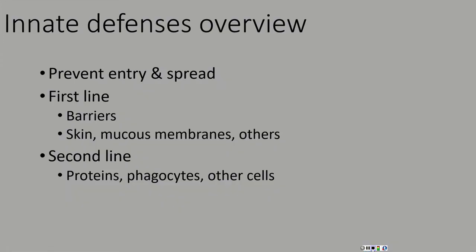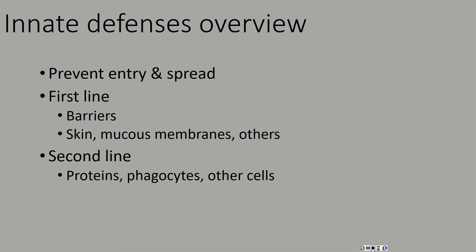Now, diving into innate defenses, the innate side, the non-specific side of our immune system, it's concerned with preventing entry and spread of pathogens. And again, pathogens are just something that could potentially make us sick, do us harm. And the innate defenses are further broken down into two different portions.